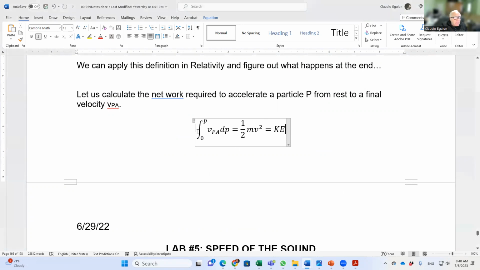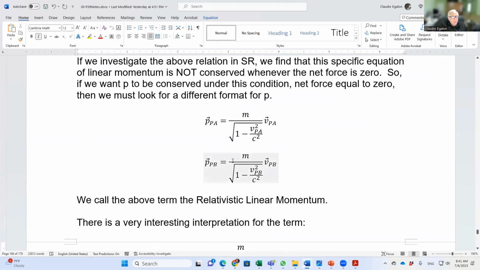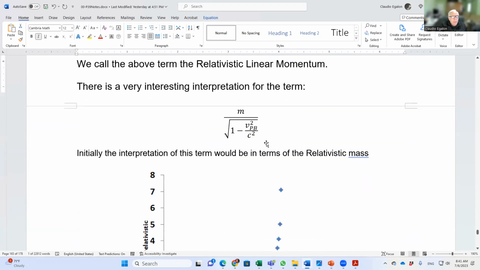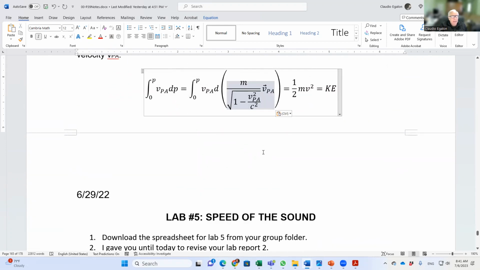In this next step, we're going to apply our definition of relativistic momentum. And the definition of relativistic momentum is right here. I'm doing that with respect to referential A. What we have here upstairs is called the rest mass. What we have here is what some people call the relativistic mass.